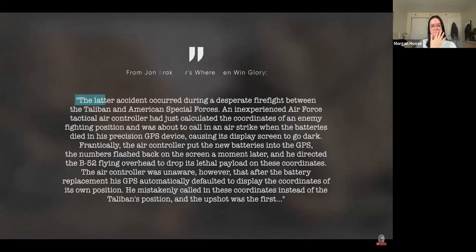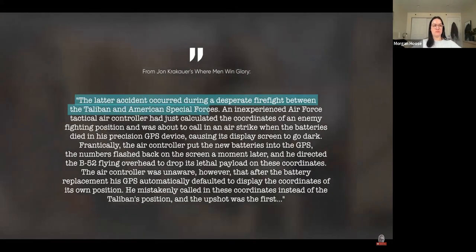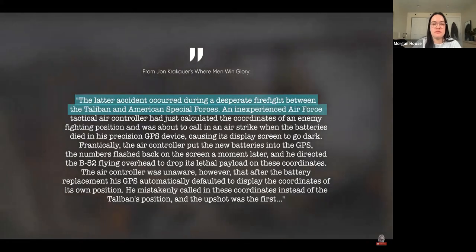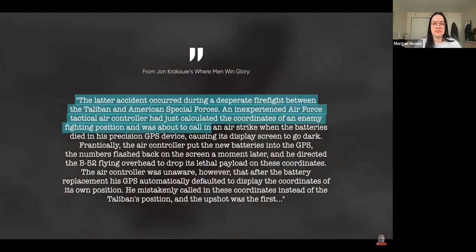The latter accident occurred during a desperate firefight between the Taliban and American Special Forces. An inexperienced Air Force tactical air controller had just calculated the coordinates of an enemy fighting position and was about to call in an airstrike when the batteries died in his precision GPS device, causing its display screen to go dark. Frantically, the air controller put new batteries into the GPS.